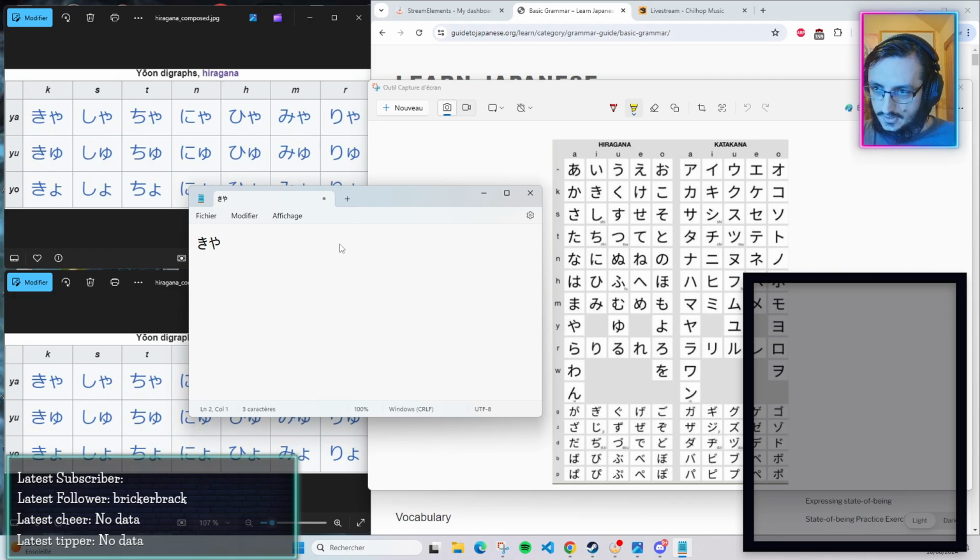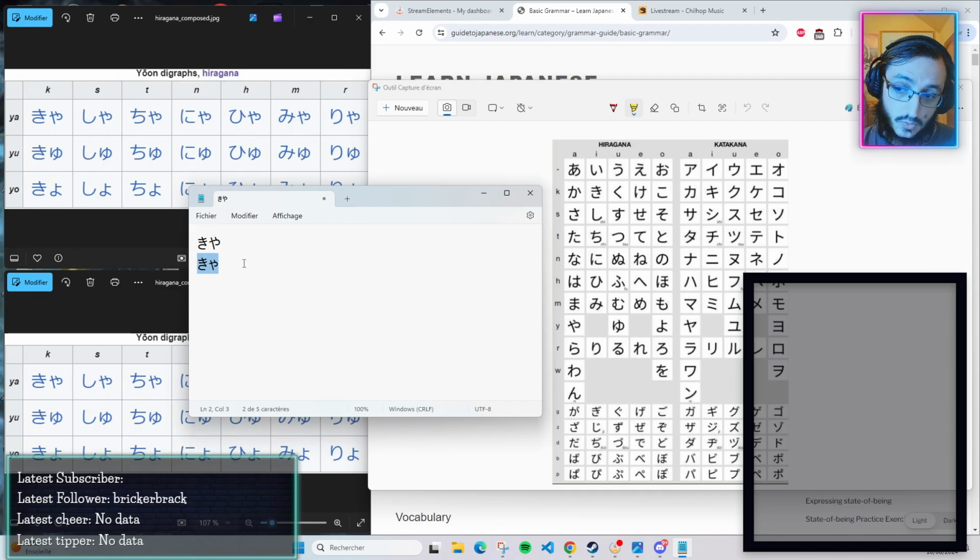but you can have a mixed version of those two, which is this one. So as you can see, the second character is smaller than the first one. So the first one is pronounced ki, ya. The second one is a mix of ki and ya. The ya is smaller and it's pronounced kya.